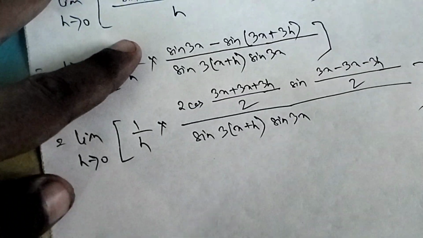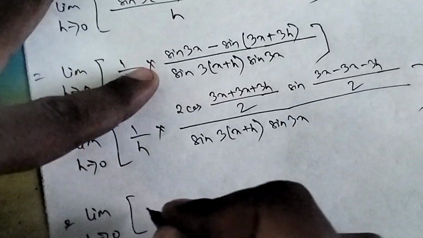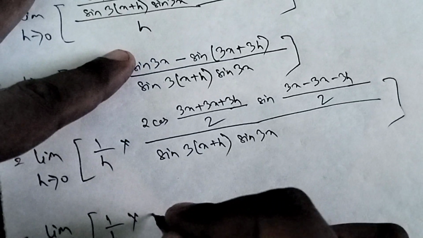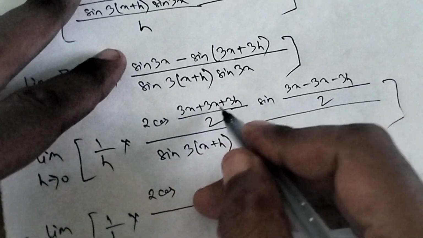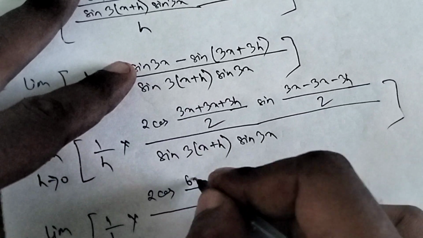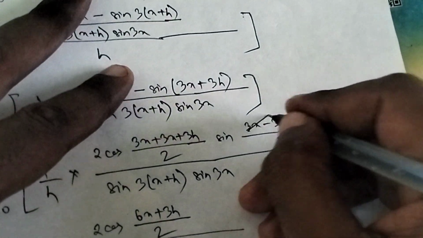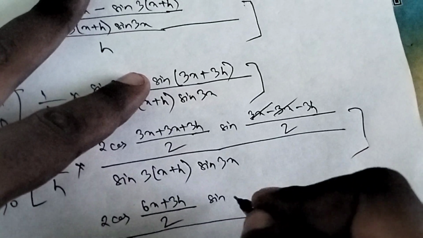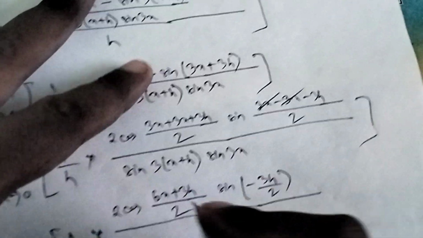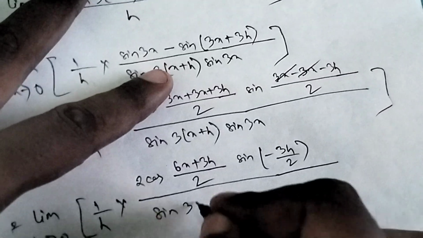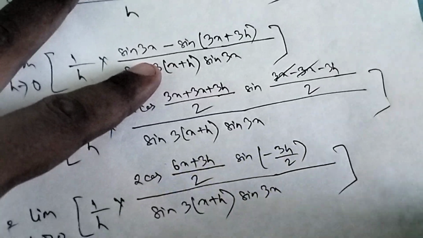So this will be limit h tends to 0, 1 by h into 2 cos of (6x plus 3h) by 2, and here it will be sine of minus 3h by 2, and in the denominator sine 3 into (x plus h) by sine 3x.